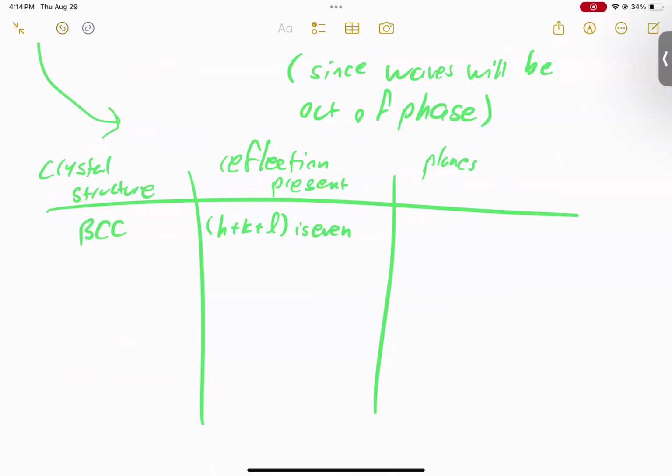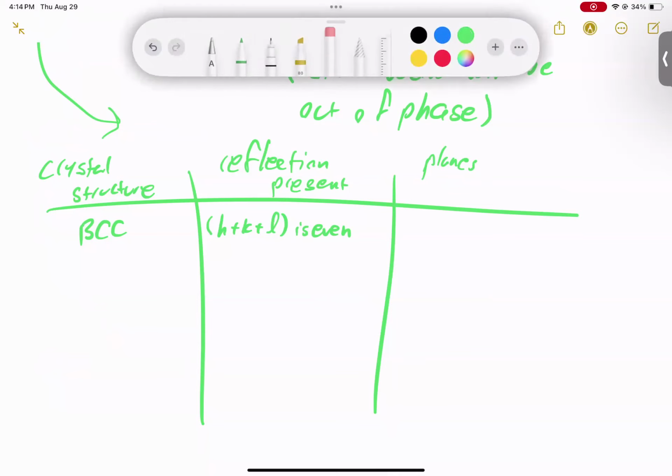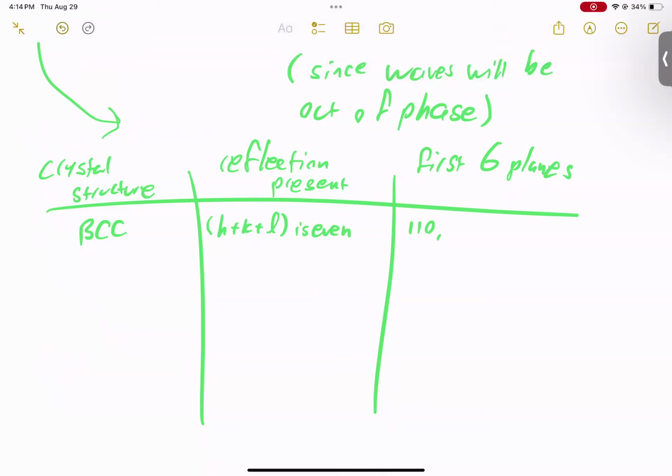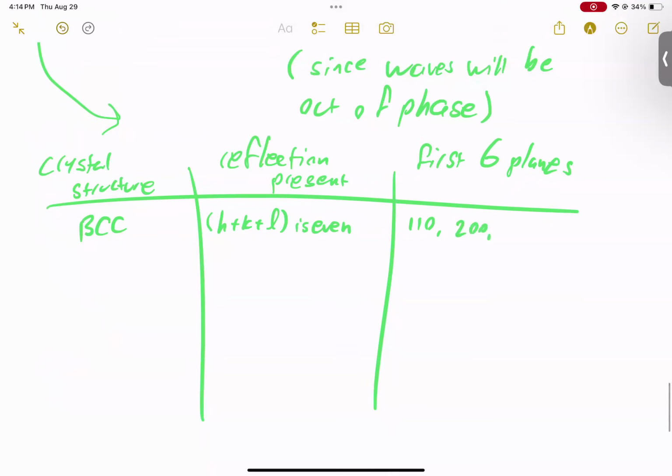So the first 6 planes will be 1, 1, 0, and we see that 1 plus 1 plus 0 is 2, which is even. 1, 1, 0, 2, 0, 0, 2, 1, 1, 2, 2, 0, 3, 1, 0, and 2, 2, 2.